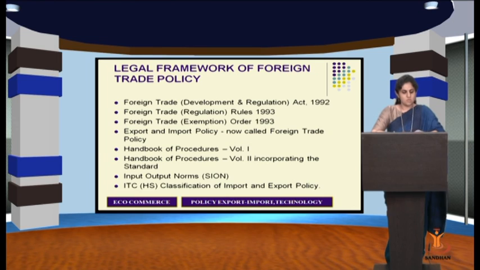Now, if we talk about handbook of procedure volume 1, it included the appendix, even the specific various forms to be used, even the instrument for applying for the license, even the information regarding the license authorities, export promotion councils, etc. All this was included in the handbook of volume 1.